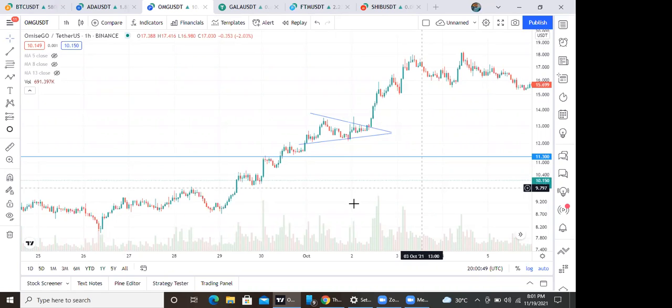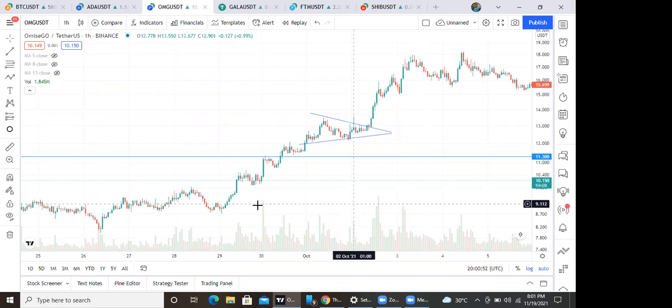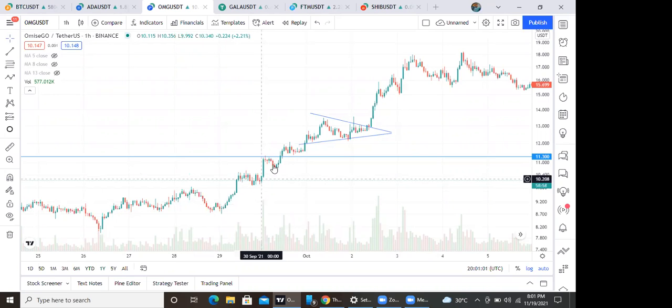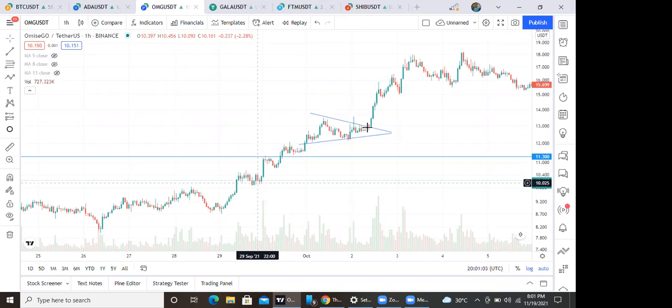But when you talk about the take profit, like I said last time, if I want to measure a take profit based on a pennant pattern, I will start from here. The distance between here to here, I'll measure it from the breakout. Let me show you.